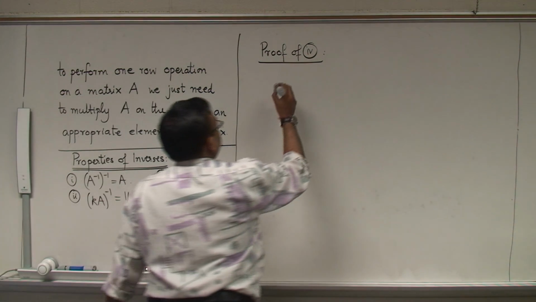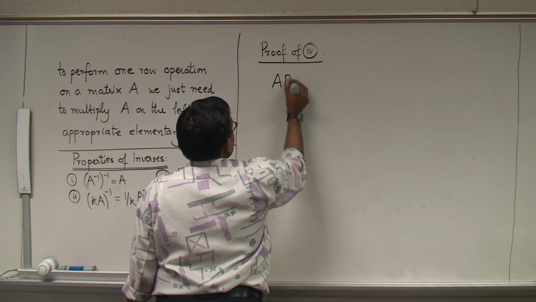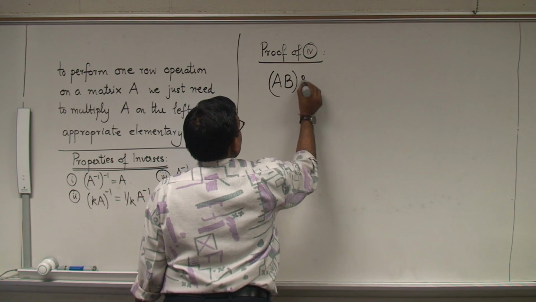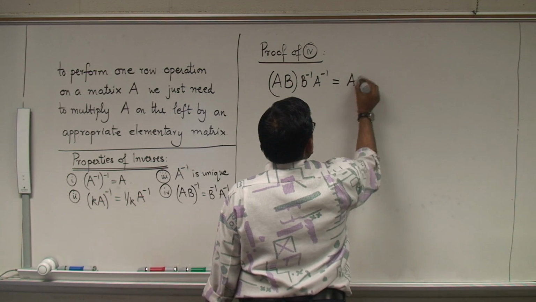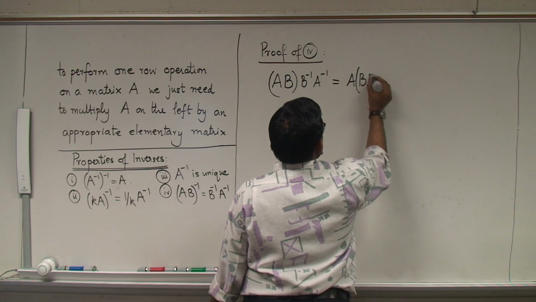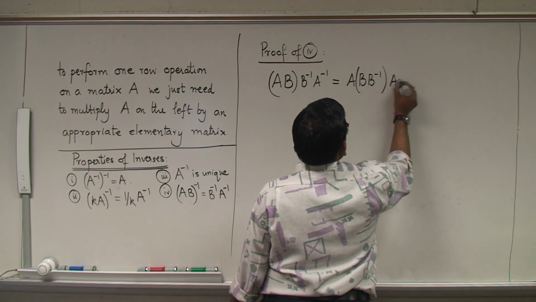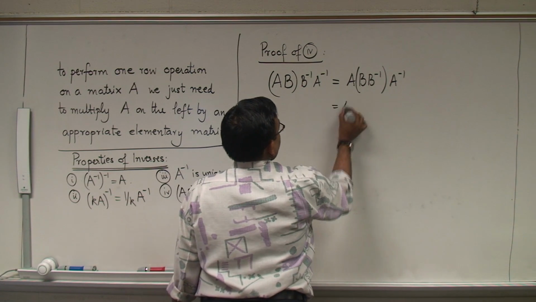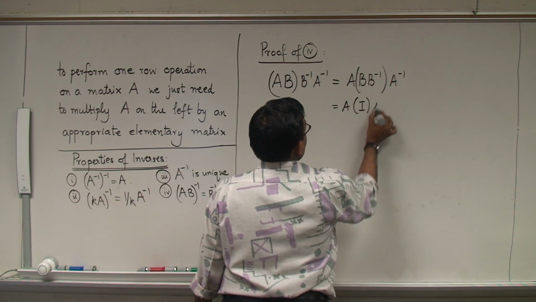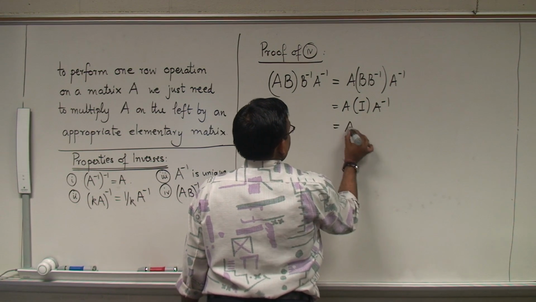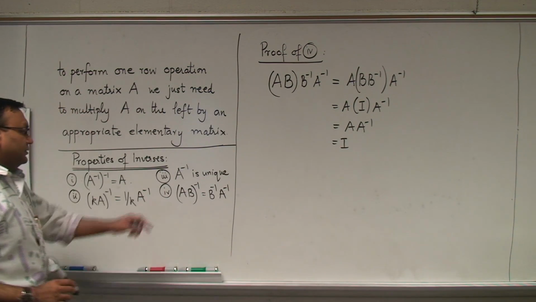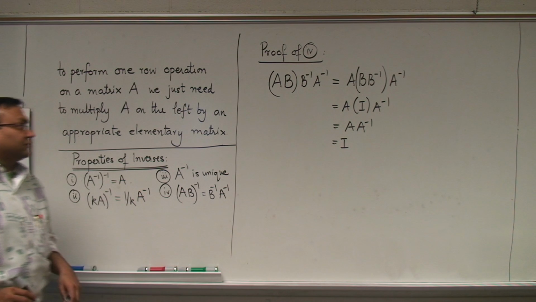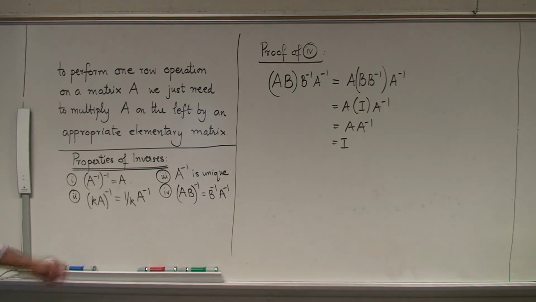So you are trying to find whether AB times B inverse A inverse is identity or not. Well, using the matrix multiplication being associative property, this gives you A times I times A inverse, which is A times A inverse, which is I. So I have verified that the matrix which we are claiming to be the inverse works as an inverse from the right hand side, and you can show it from the left hand side too.